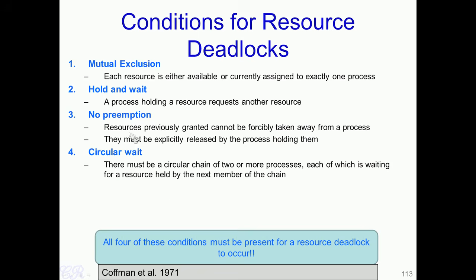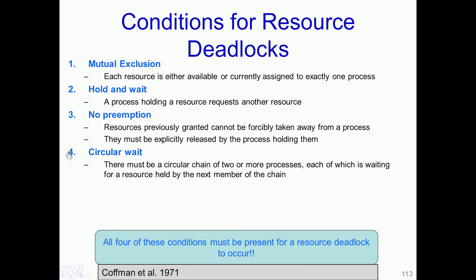So, these 4 conditions, mutual exclusion, hold and wait, no preemption and circular wait, must be present in the system in order that a deadlock could occur. So, if for instance we were able to build a system where one of these conditions were not present.